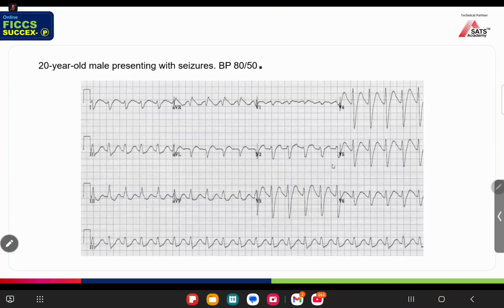No, ma'am. You are right, it is some metabolic problem. The upright R wave in a young adult can be due to either... Okay, we'll see next.